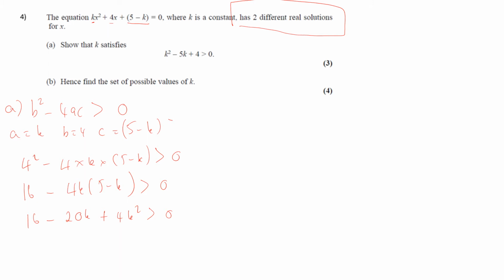So that's 4k squared minus 20k plus 16 is greater than 0. Divide through by 4, you've got k squared minus 5k plus 4 is greater than 0. Okay, as required.